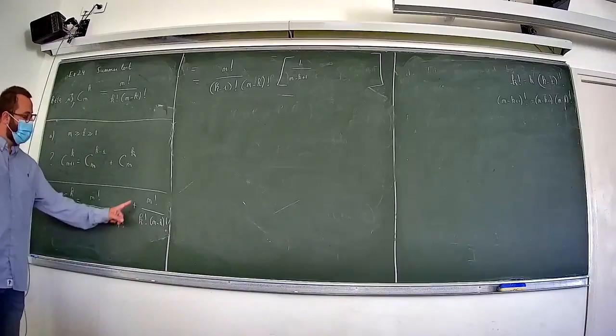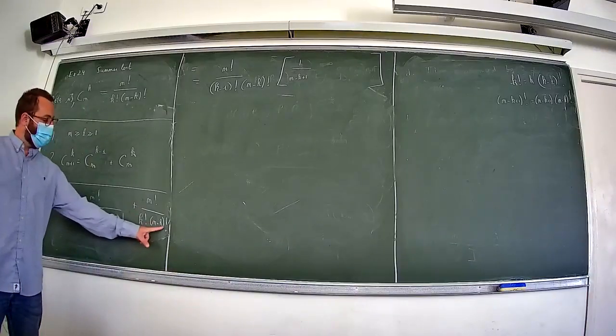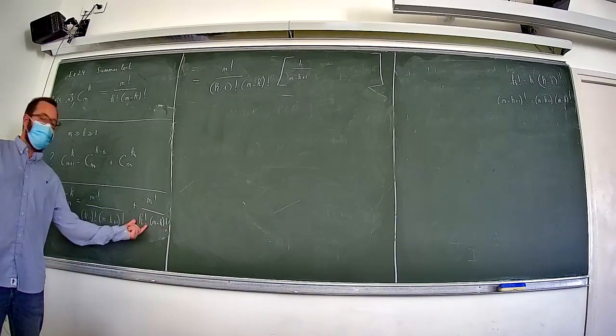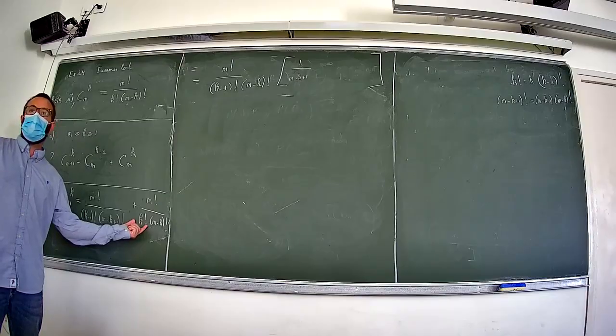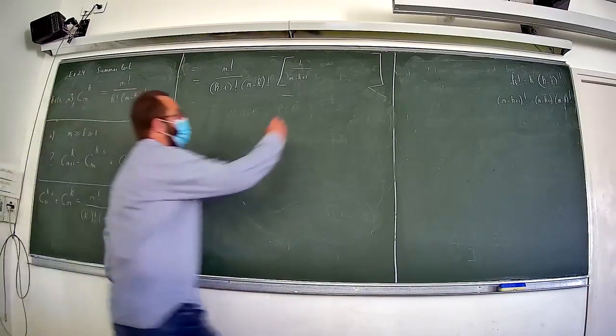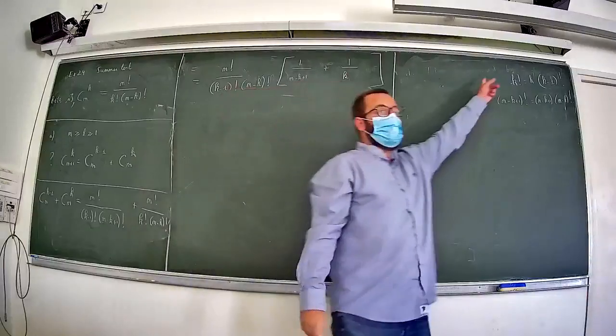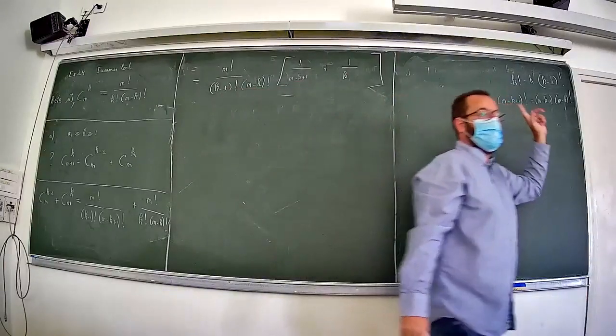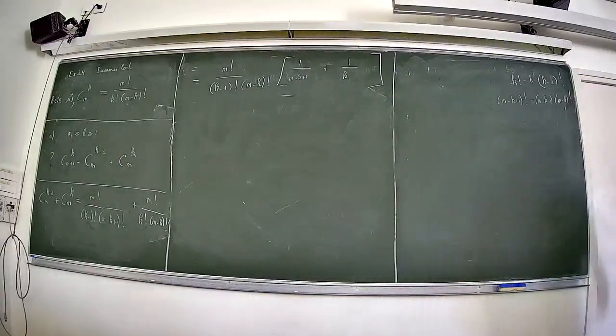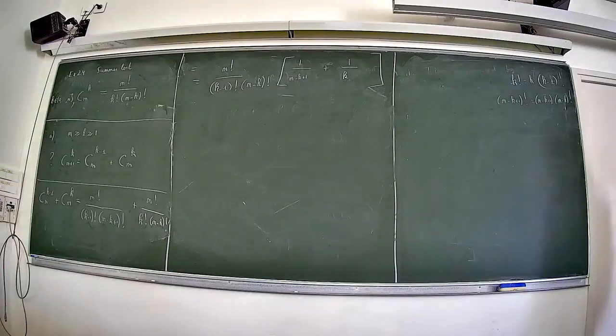And here, I have my n factorial, I have my (n-k) factorial. And if I want to have below 1 over k factorial, it means plus 1 over k. In fact, I have used these two relations to put the things into factors. What can I do now? I have two ratios that are not that complicated.